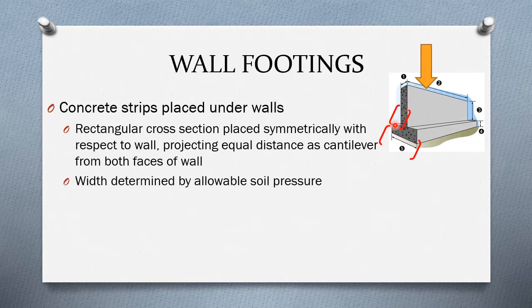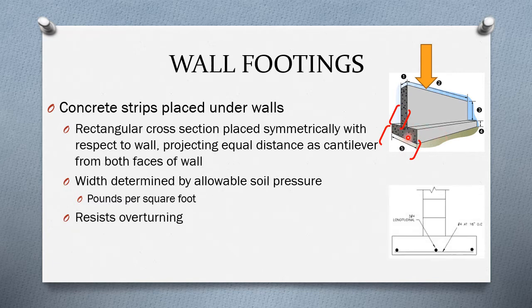The width of the footer is determined by the load and the allowable soil pressure, hence the presentation about Leaning Tower of Pisa. The allowable soil pressure is usually expressed in pounds per square foot. And the idea behind the footer is to resist overturning.